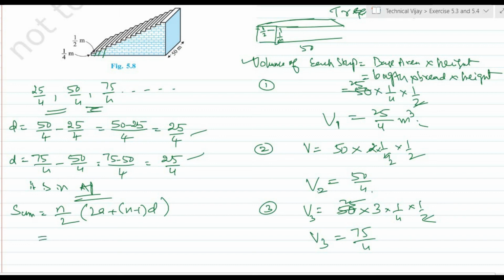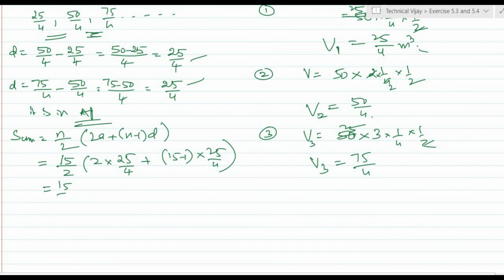Here n is the number of steps, that is 15 divided by 2, into 2 into 25 by 4, the first term, plus n minus 1, that is 15 minus 1, which is 14, into d, which is 25 by 4.